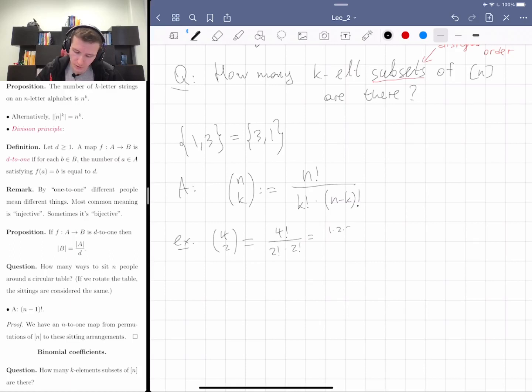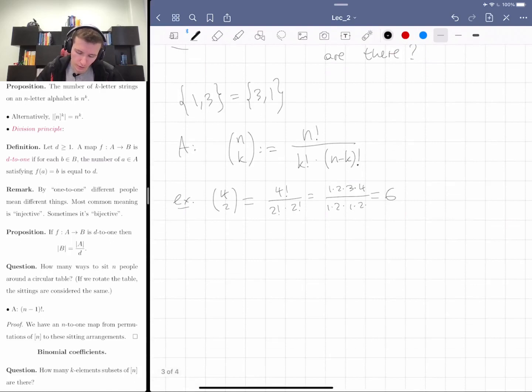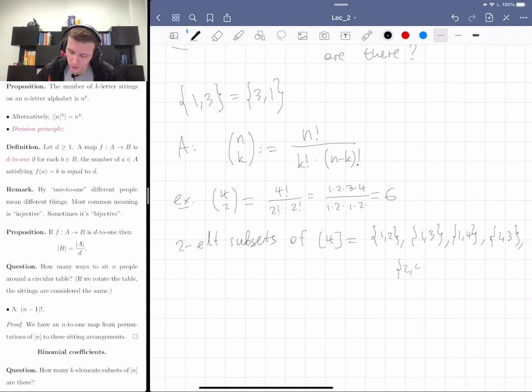So 1 times 2 times 3 times 4 over 1 times 2 times 1 times 2, and the answer is 6. If you look at two-element subsets of bracket 4, you're going to see the sets {1, 2}, {1, 3}, {1, 4}, {2, 3}, {2, 4}, and {3, 4}. So there are 6 of them.